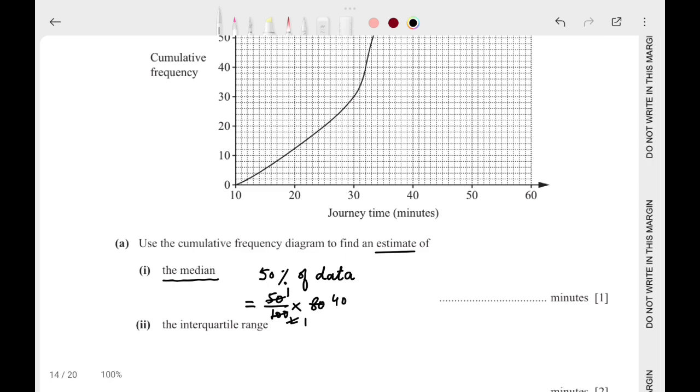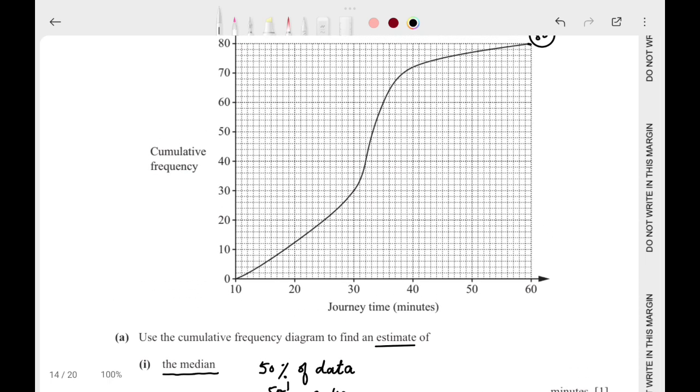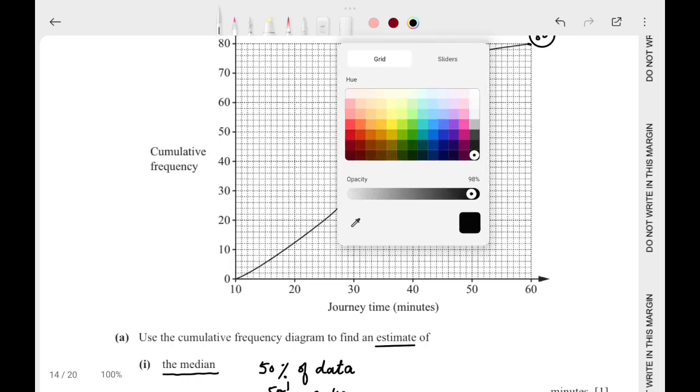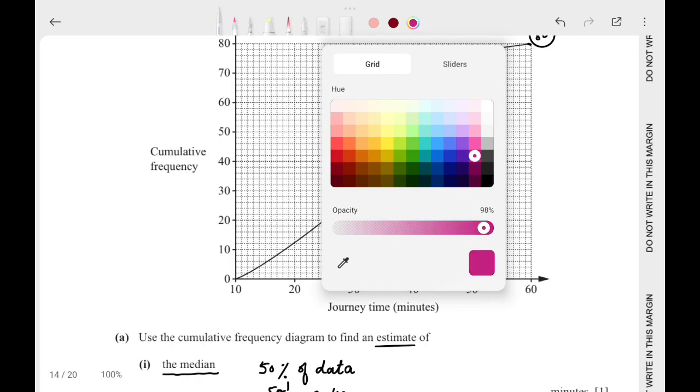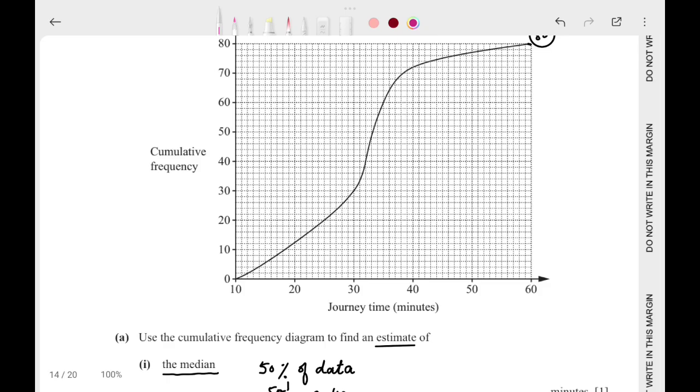Now from the y-axis we have to find out the corresponding value of 40. Students, first of all we have to see the gap also. Gap is very important. Just see that there is a difference of 10.